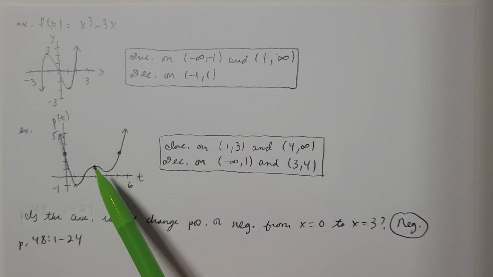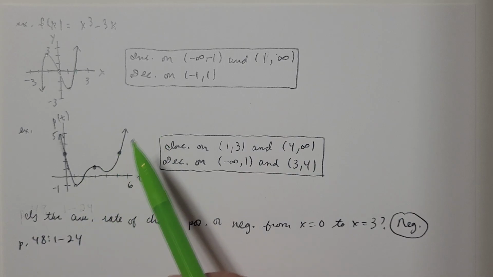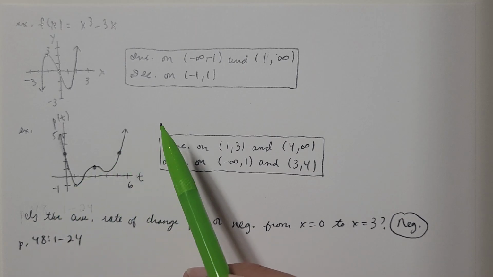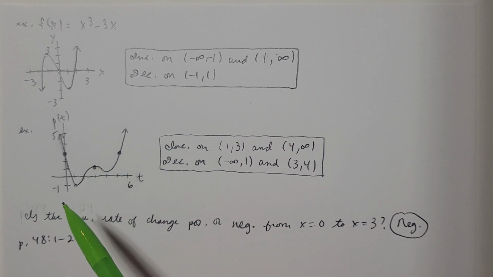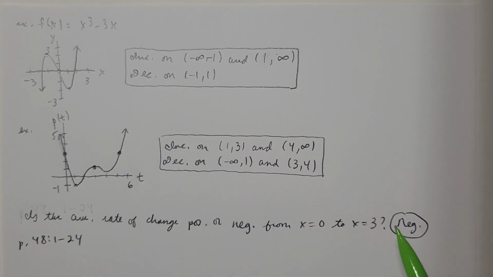If I draw a line going from x equals 3 to x equals 5, that'd be a positive slope, or I'd be rising on that part of the graph. So you'd have a positive number for the average rate of change.